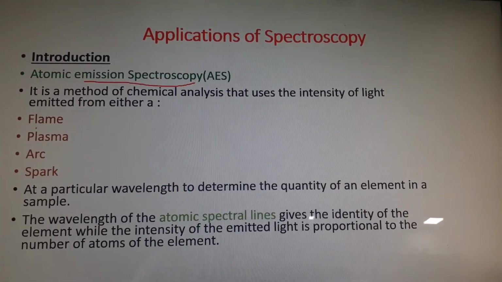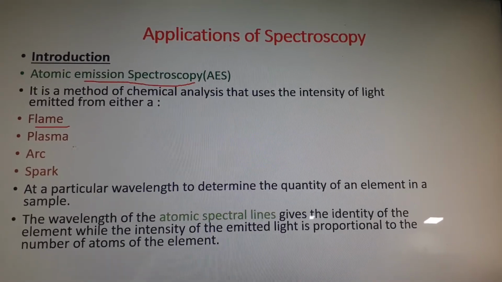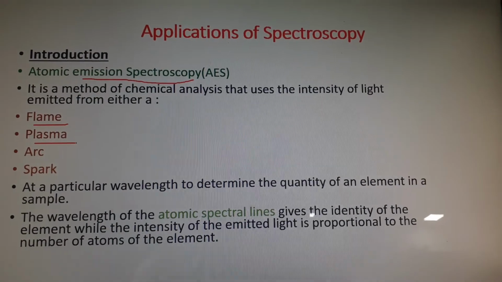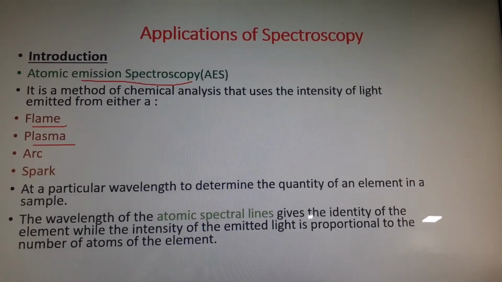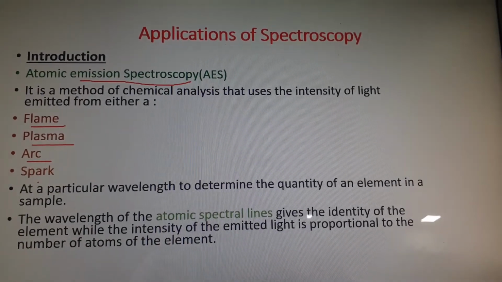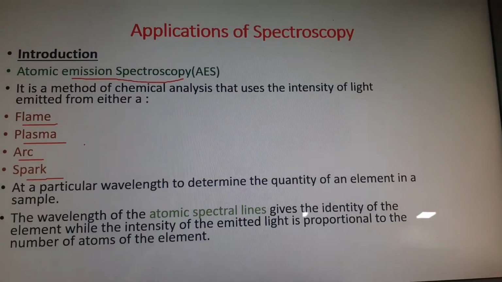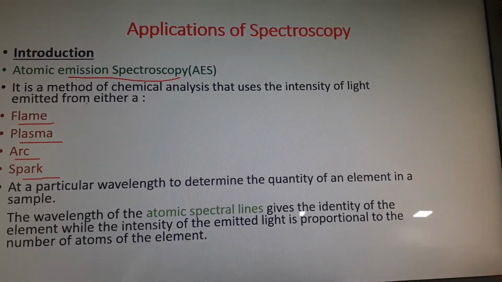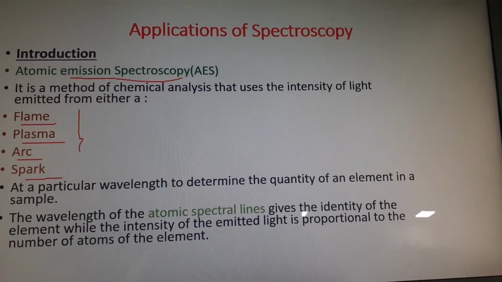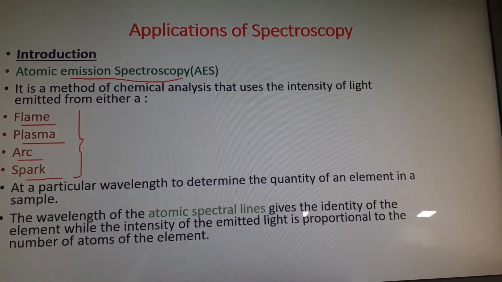So, if we use flame, then it is called flame emission spectroscopy. If we use plasma, it is called plasma emission spectroscopy. If we use arc, then it is called arc emission spectroscopy, and it can be carried out by spark, which is called spark emission spectroscopy. Right. So with all these sources, we can have the emission spectroscopy.